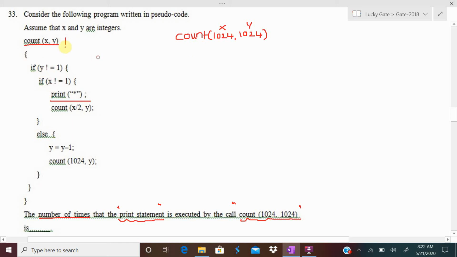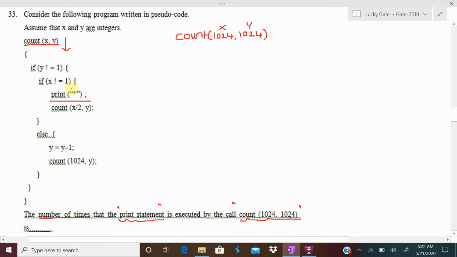Now after entering into the function block, the value of y, 1024, is greater than or equal to 1, true. So it enters the inner block. The condition is y not equal to 1, x not equal to 1, meaning 1024 not equal to 1, and 1024 not equal to 1.